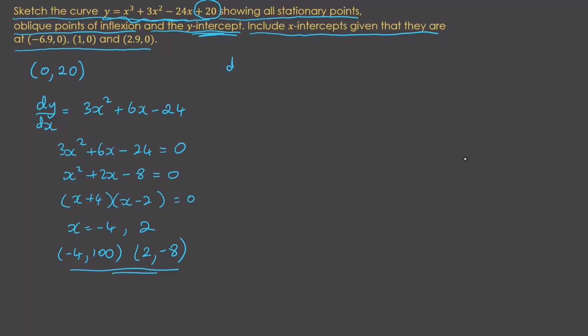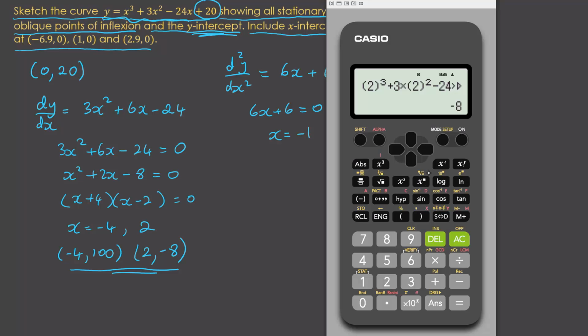So we now need the second derivative, which will be 6x plus 6. So 6x plus 6 equals 0 gives me that x is negative 1. And I can go back and edit this again.